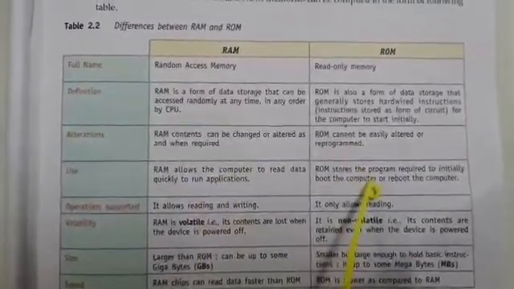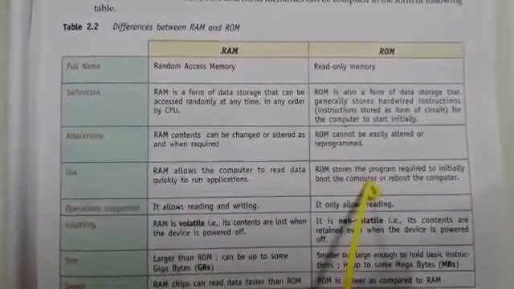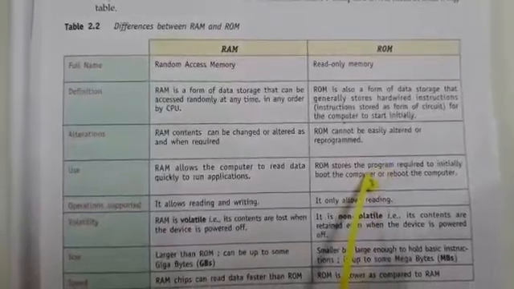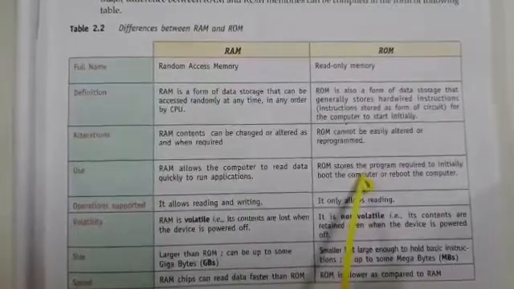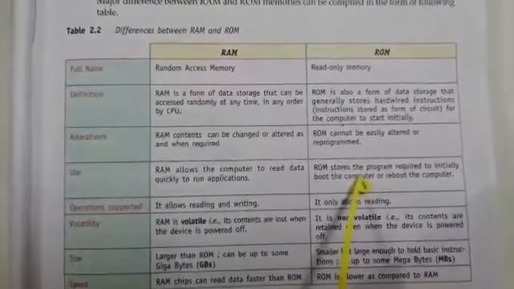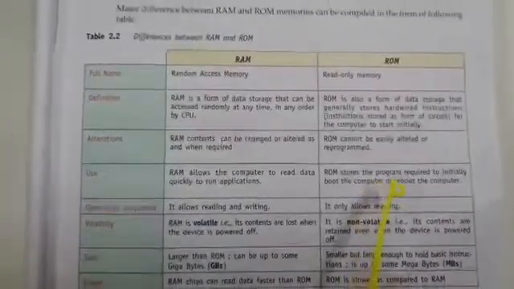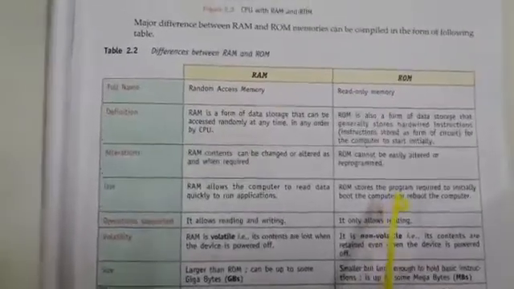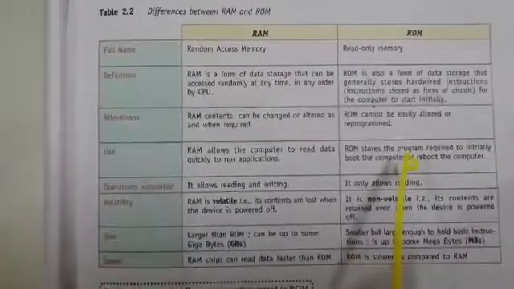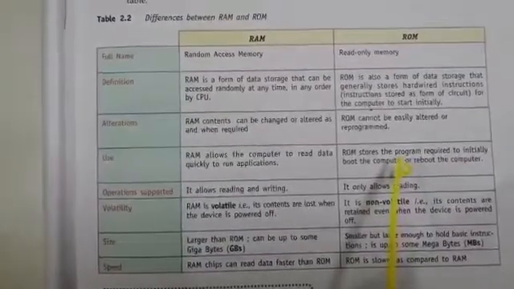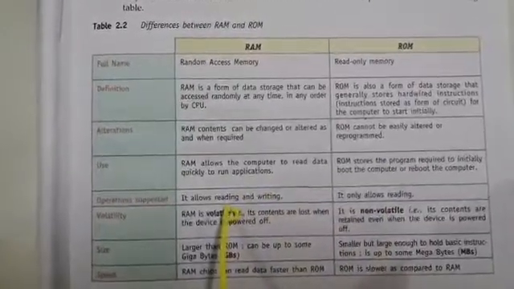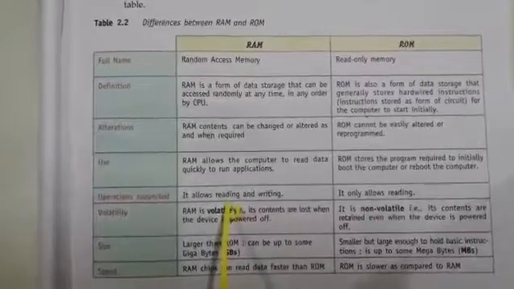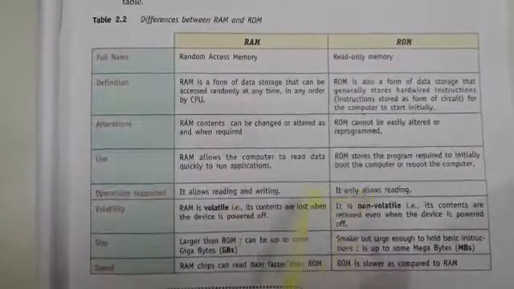And ROM helps the computer to run by the help of bootable instructions. Then, RAM allows reading and writing both, but ROM only allows reading.